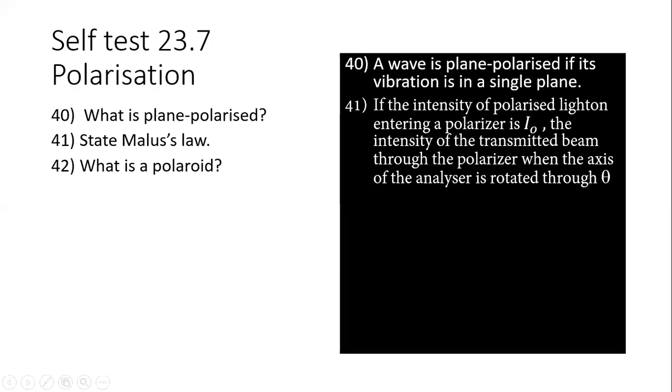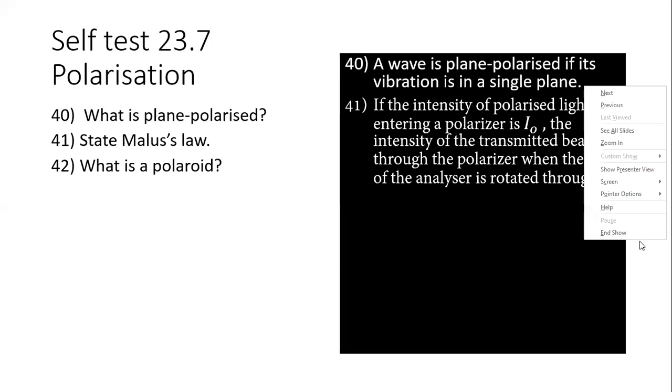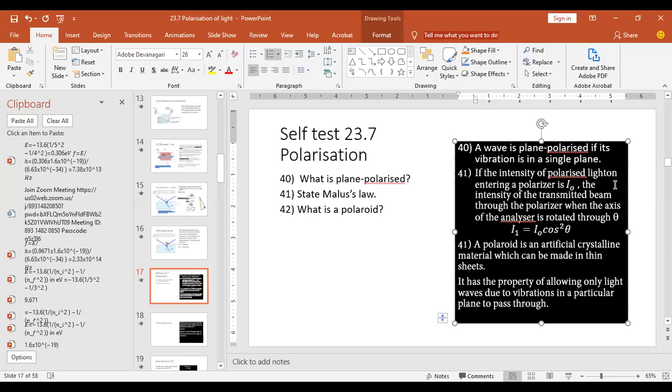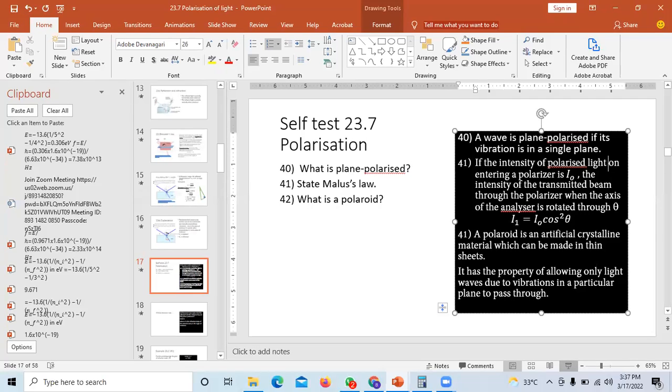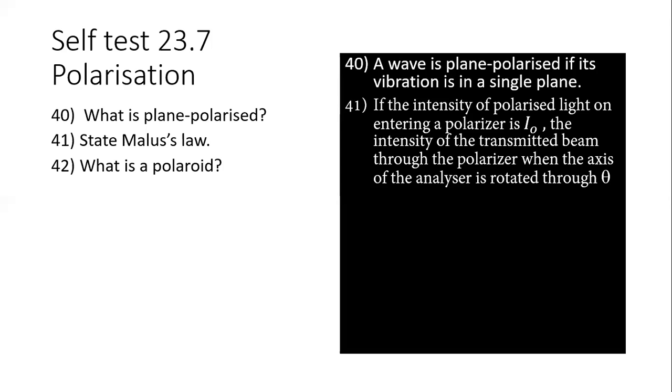Intensity of the polarized light on entering a polarizer is I0. The intensity of the transmitted beam through the polarizer when the axis of the analyser is rotated to theta is given by this equation. These are all for you to memorize.